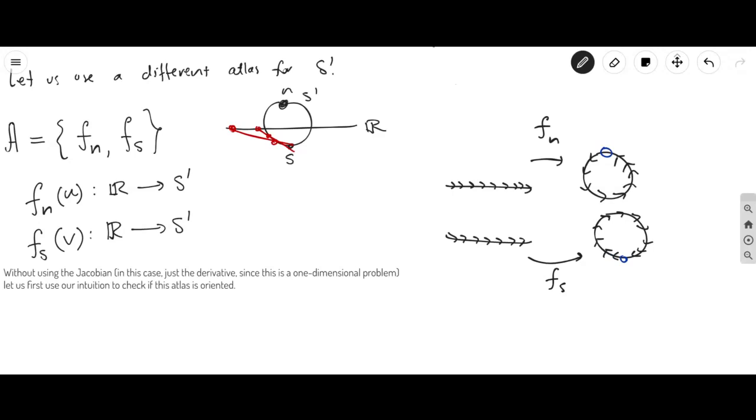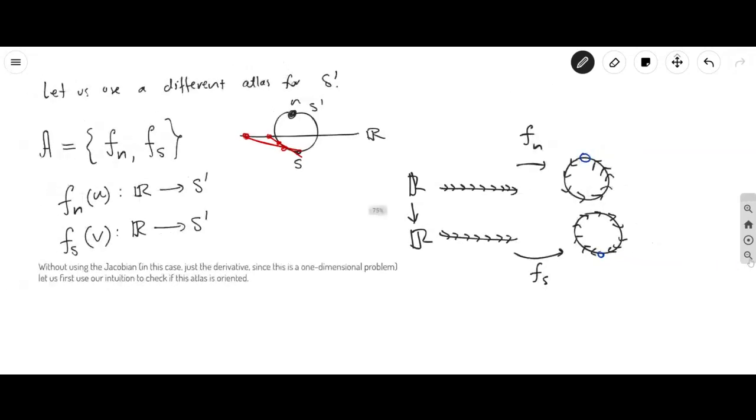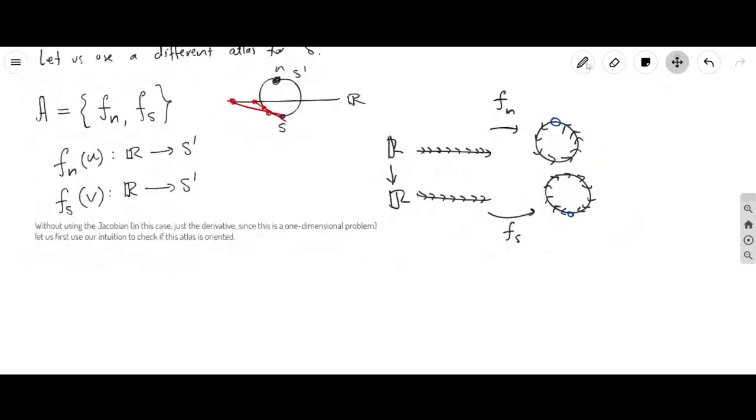So you can see from here that the transition function from this coordinate to that coordinate will require you to sort of flip things over, and so the mapping from R to R is not orientation preserving.